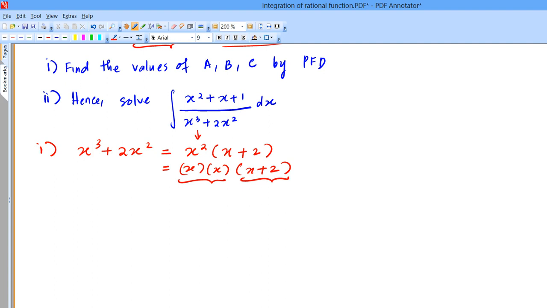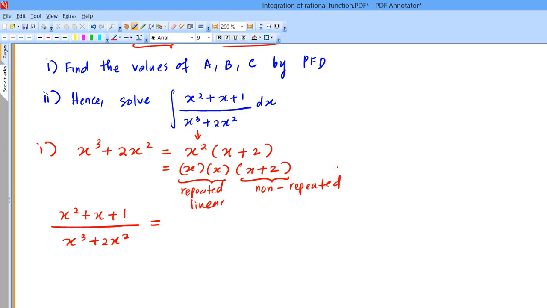Next, we can write our equation (x² + x + 1)/(x³ + 2x²) equal to, okay, the first factor is repeated linear, and this one is non-repeated.